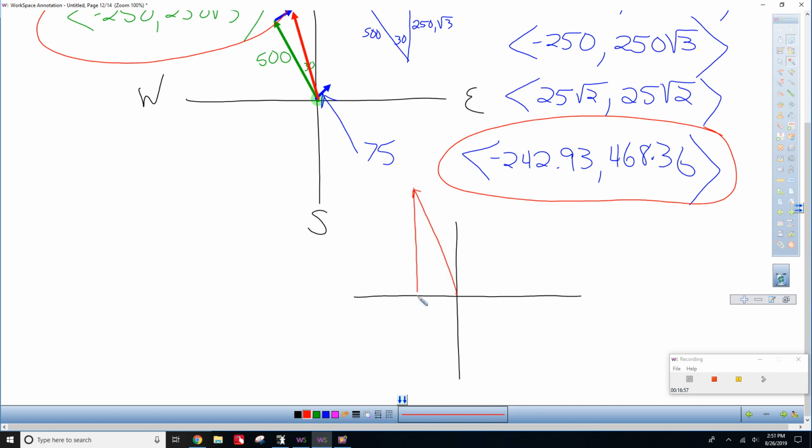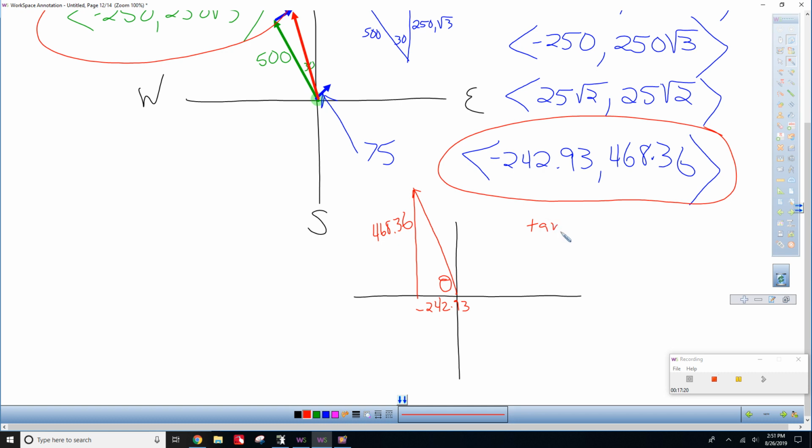Let's write in the legs. This was negative 242.93, and this was 468.36. Okay, let's find this angle using tangent.